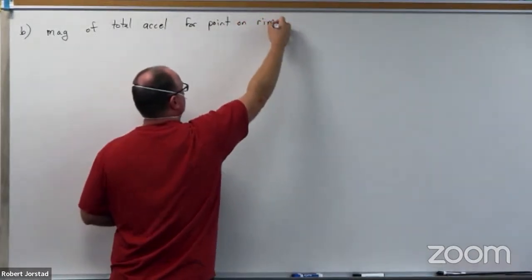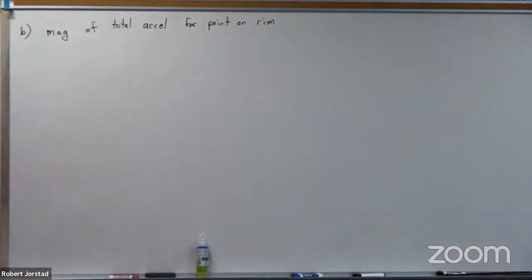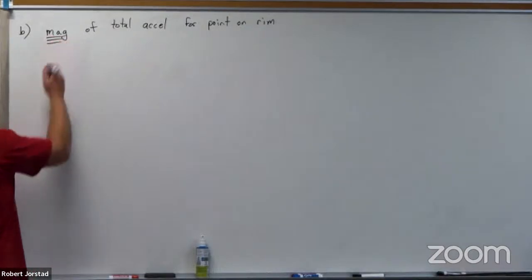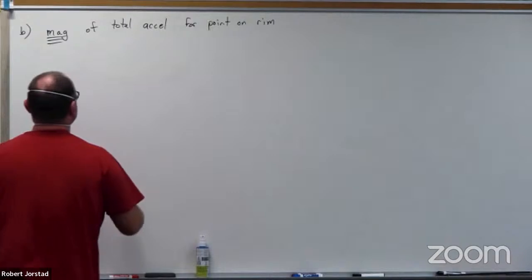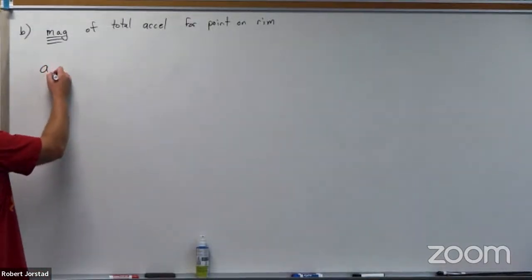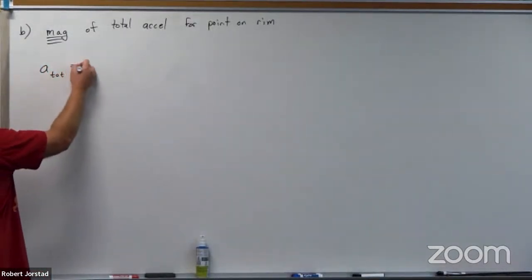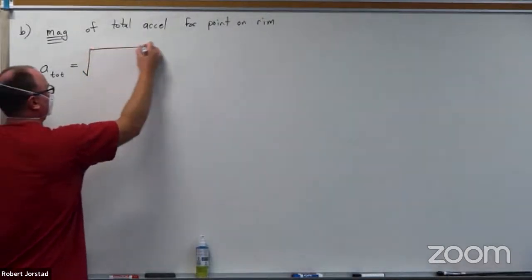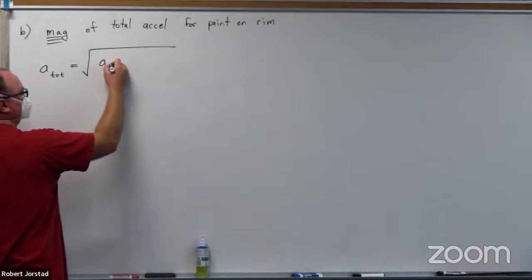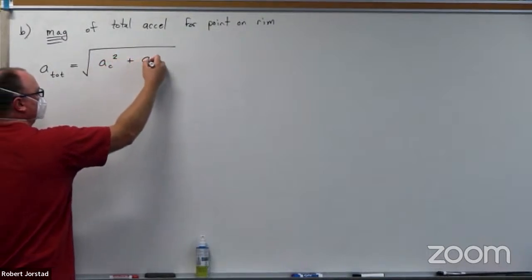And I'm going to show you a cool trick here. I want the magnitude. I'm going to emphasize that just so I don't screw up any minus signs later. Does anybody remember the equation for how we get a total, the magnitude? The square root of a_c squared plus a_tangent squared.